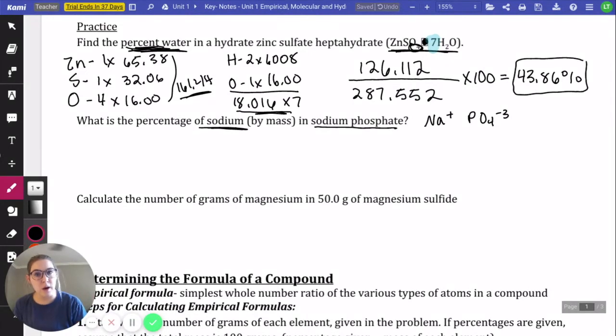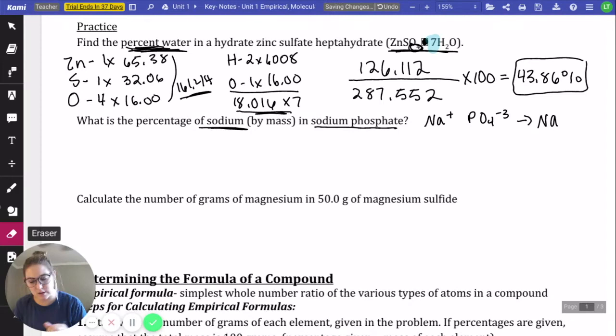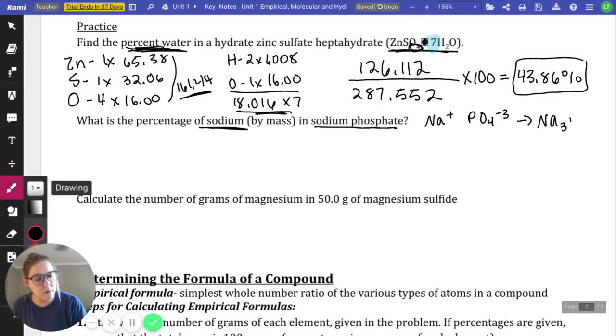All right, swap, drop, reduce, and we get that our formula is Na3PO4. Terrible handwriting on my part. All right, so let's find our molar mass.